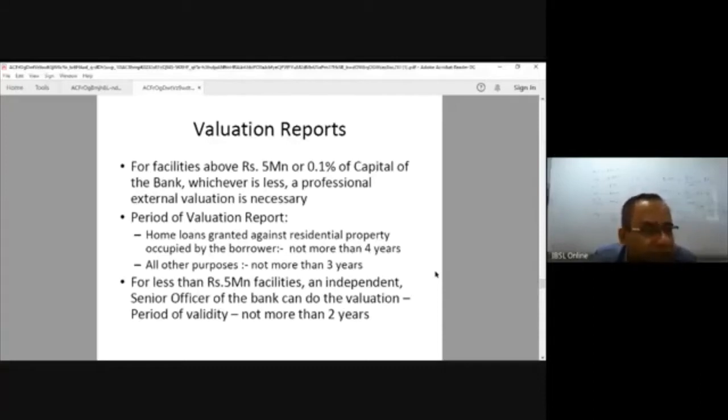So the same valuer can say that earlier, 3 years back, this was the value. Now, due to these factors, the value of the property has gone down in this particular place. Let us say it's a residential property. As a residential property, the value is low. So the same valuer can do it. It doesn't say that the same valuer can't do it, that you need to go for another valuer. But the period is important.